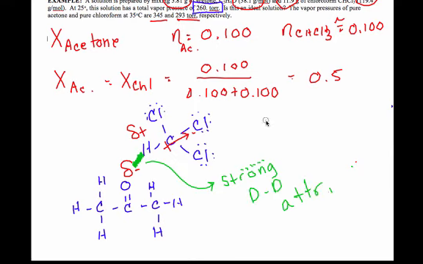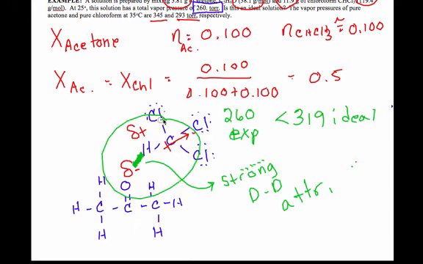And that could explain why our calculated 319 would have been ideal. We see that it's actually 260 torr. That's the experimental, which means that there's more intermolecular forces. And those intermolecular forces can be seen right there.